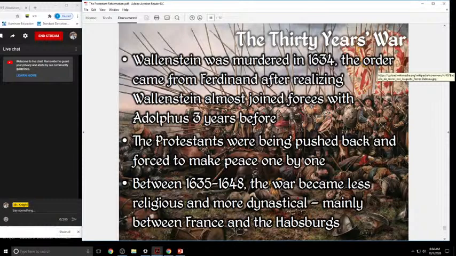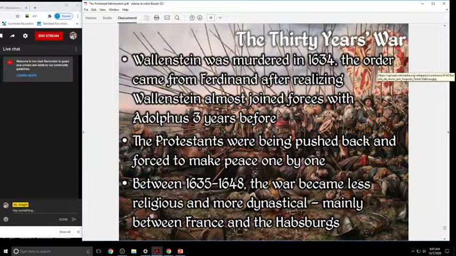The Protestants by this point are being pushed back and forced to make peace one by one. And then the war, after 1634, 1635, about halfway through the conflict, the war changes.